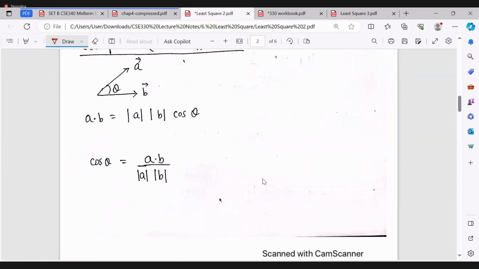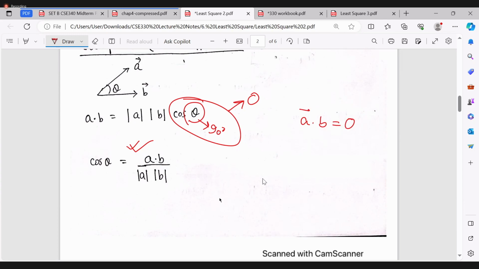We know this, right? Yes, ma'am. We know this. So if the angle between A and B is 90 degrees, if theta is 90 degrees, then cos theta is equal to what? 0, right? So A dot B is equal to 0.